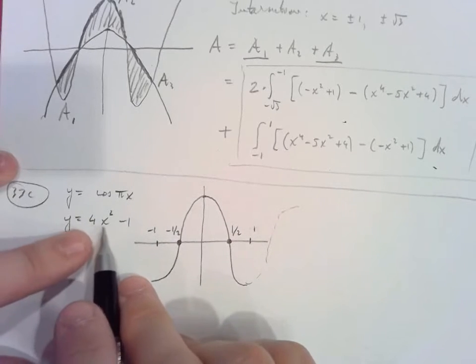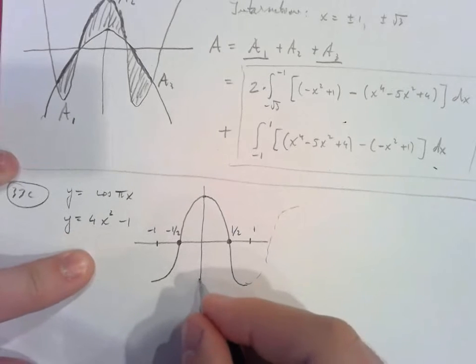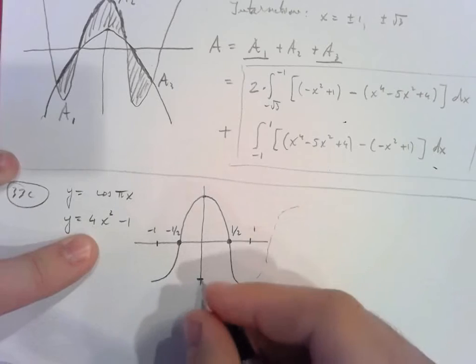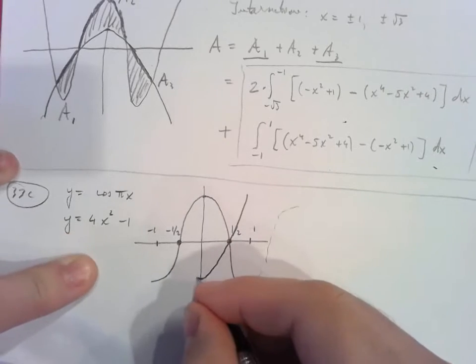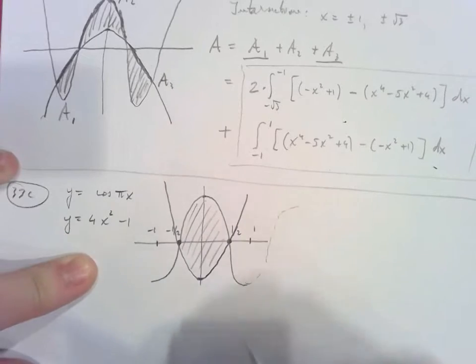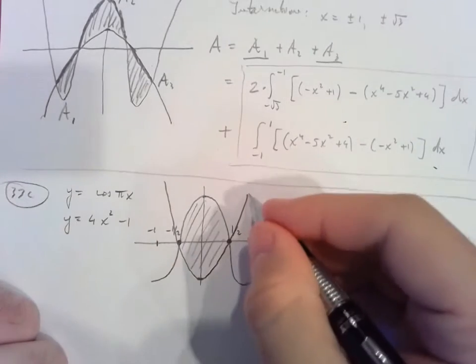And the parabola 4x squared minus 1, notice it is shifted down 1, and when I plug in a half into it, I get exactly 0, so it should look like this. So the region of intersection is the shaded area over here.